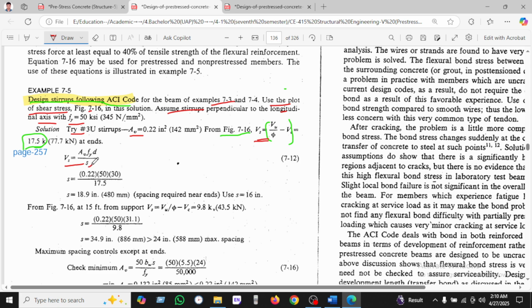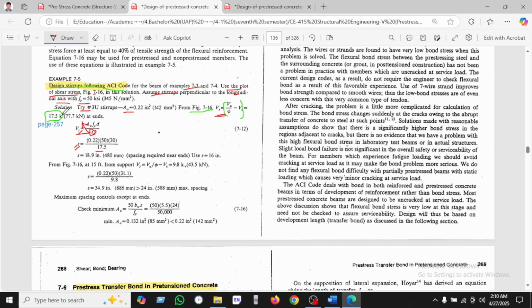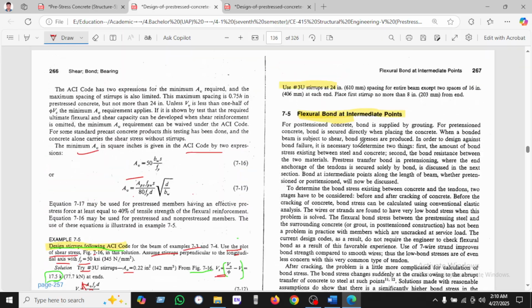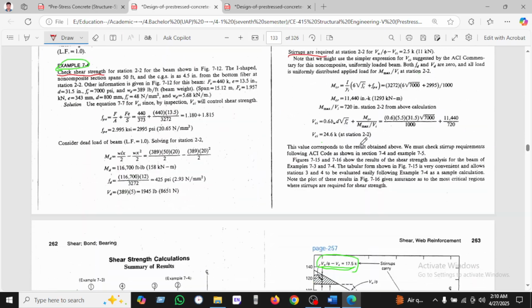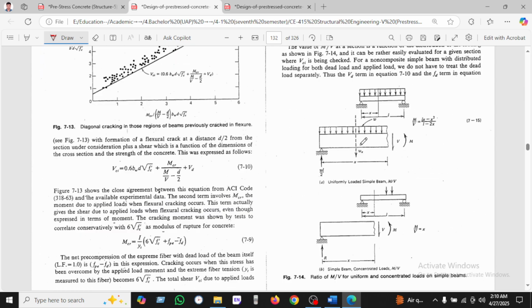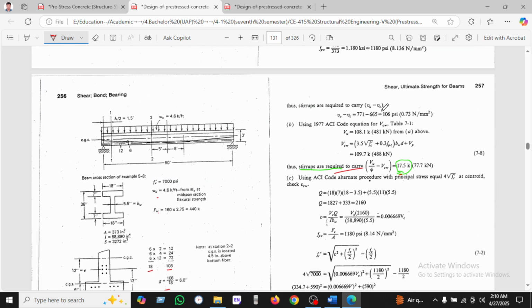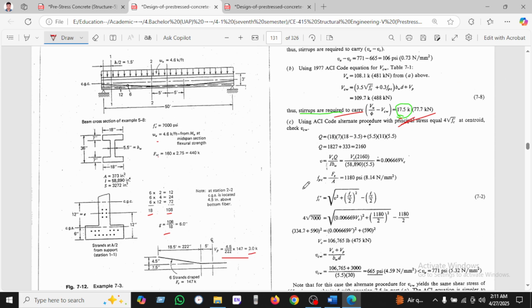We're just using the alternative formula here, so that's why it will be changed to s, and the value found is 17.5, as given here. If you go to how we calculate and find 17.5, if you go to the 257, where is 257, okay, this is 257, and this is the value we have seen.